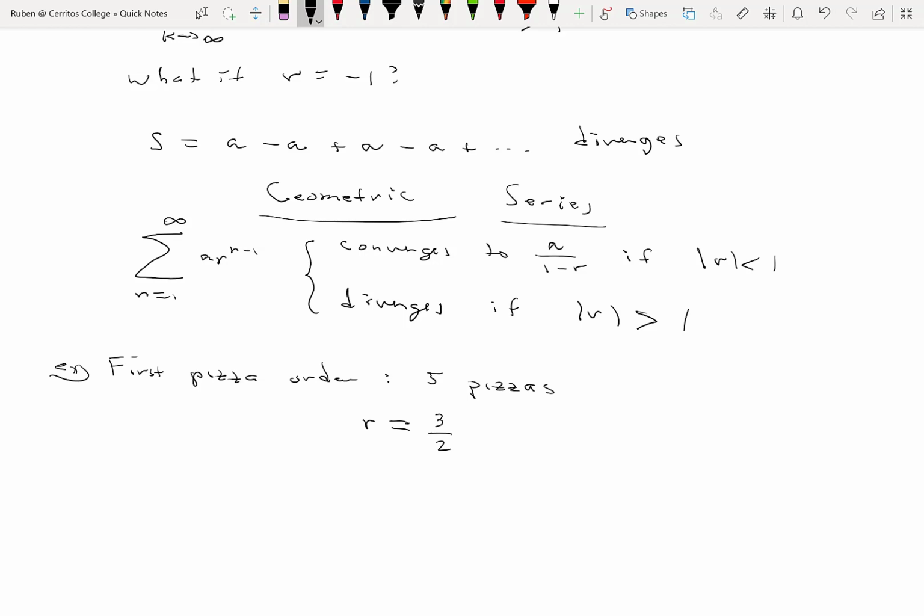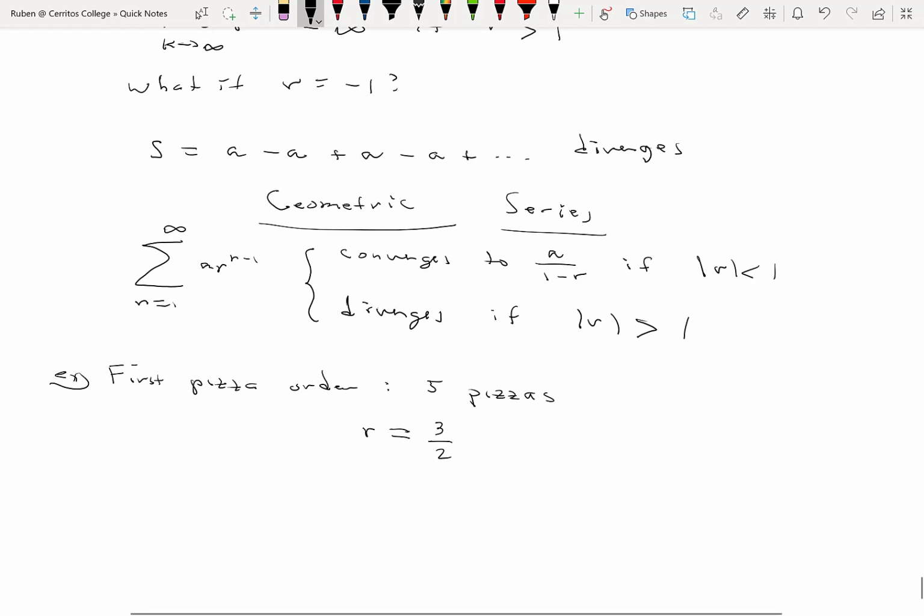This series is geometric. The series that represents the pizza in this person's stomach is 5 pizzas plus 5 times 3 halves plus 5 times 3 halves times 3 halves, or 5 times 3 halves squared, plus 5 times 3 halves cubed, etc., forever and ever.